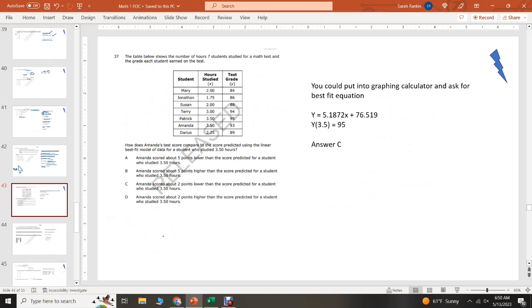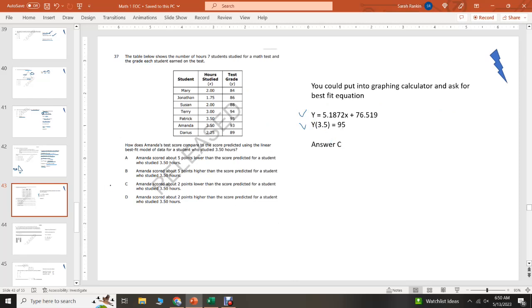All right, this one, you could get a graphing calculator and you would get this best fit equation. I don't know if you use a graphing calculator. And if you put in y of 3.5, you'd get 95.